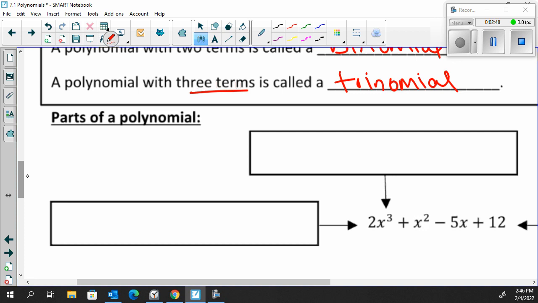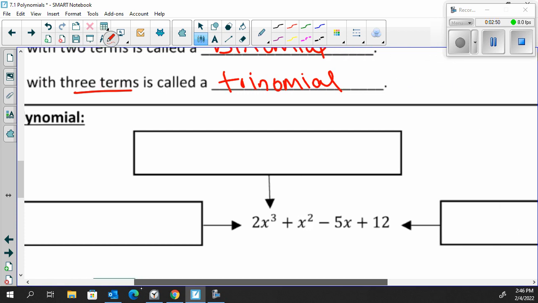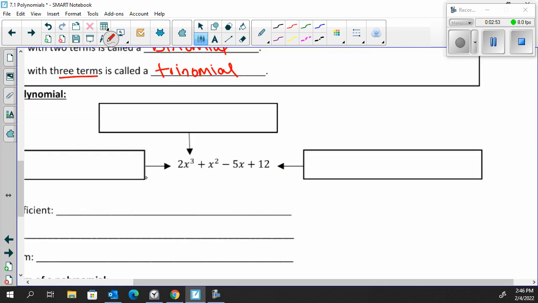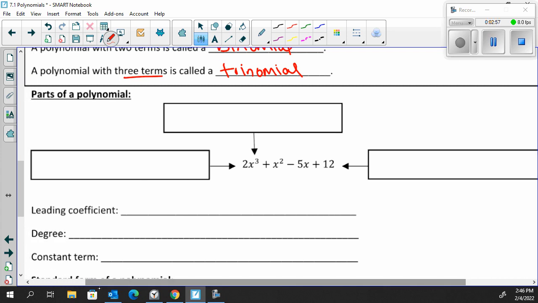Let me give you the different pieces of a polynomial. So this thing up here is just an example. 2x cubed plus x squared minus 5x plus 12. That's a polynomial. How many terms does it have? It has 4. It's got 4 pieces. All right, so we just call it a polynomial. There's some different parts to it.